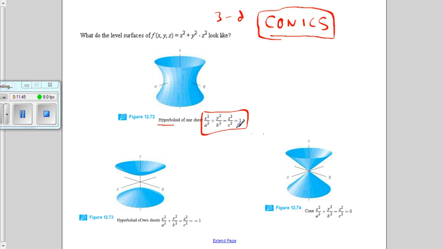And if it falls into this form, what we get is a shape that is symmetric around the z-axis, and it is one sheet. One sheet versus this example here of 2 sheets. And when we get 2 sheets, the equation is very similar, except instead of equaling 1, it equals -1. And if it equals 0, instead of getting a hyperboloid, what we get is a cone.